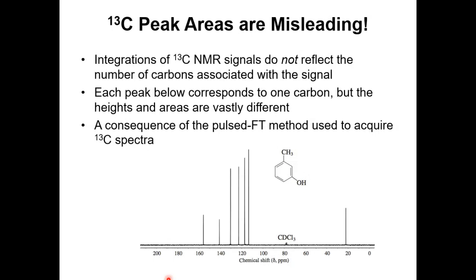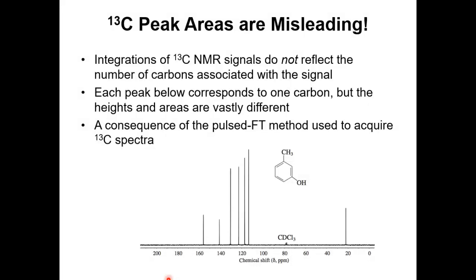So that immediately tells you, using this one example, that the intensity of a carbon 13 NMR peak does not mean anything. If you really go into the details of how carbon 13 NMR spectra are collected, you can gain some more information about the intensity, but it's not related to the number of carbons producing the signal.